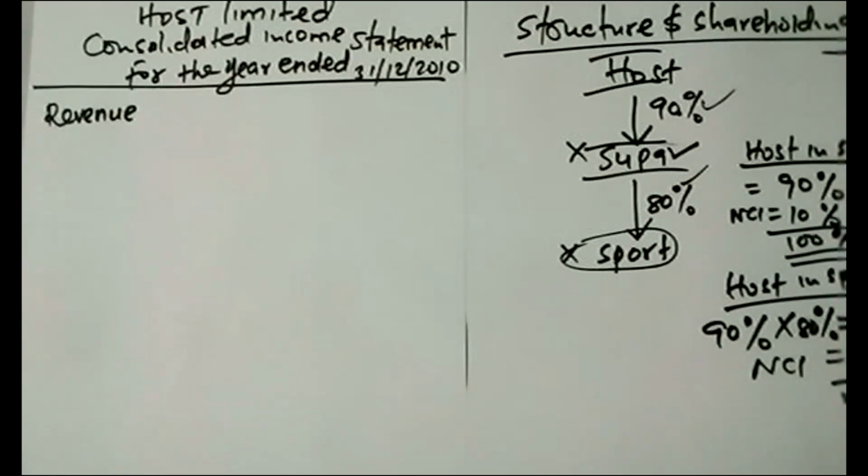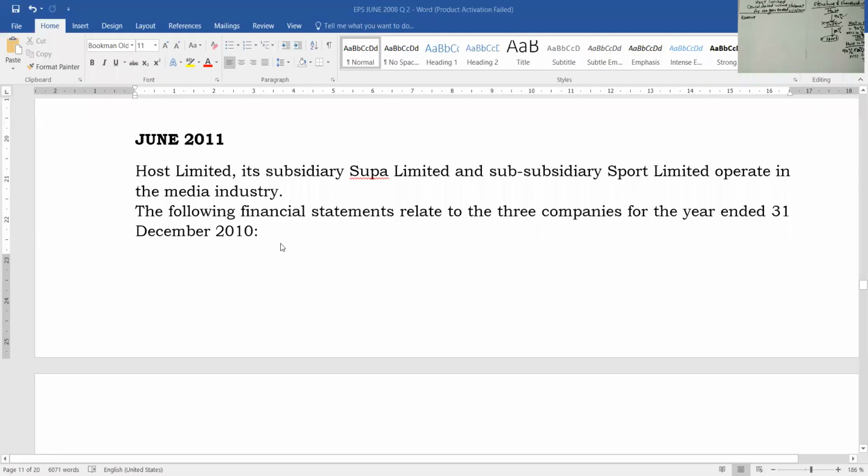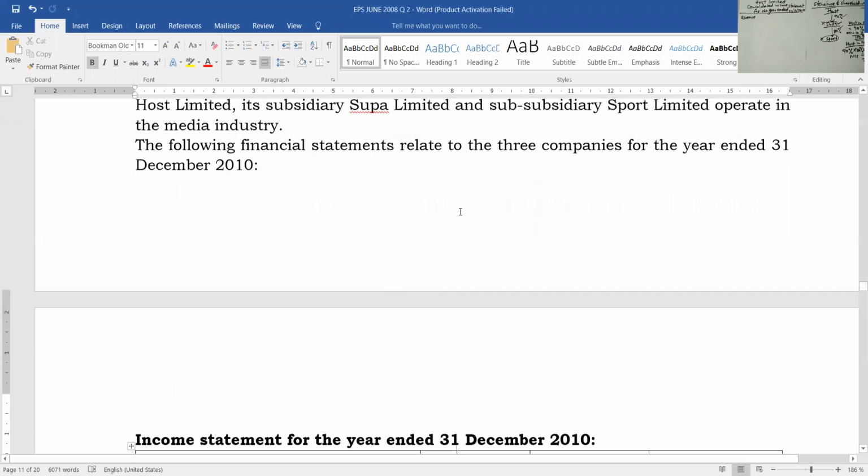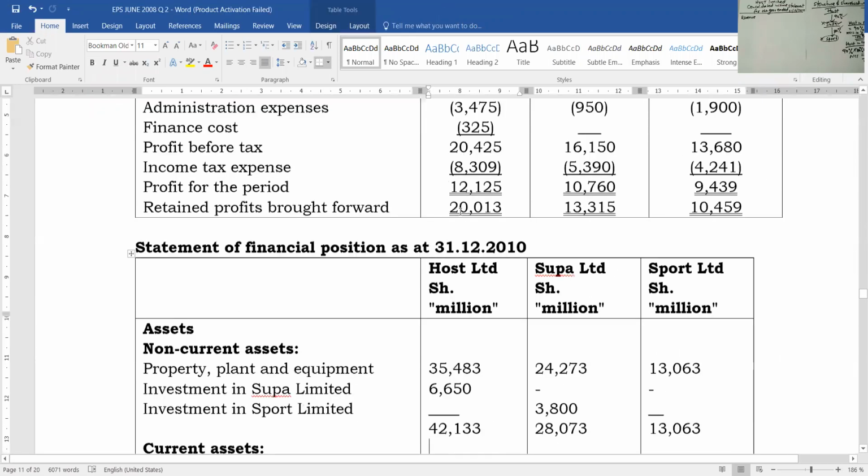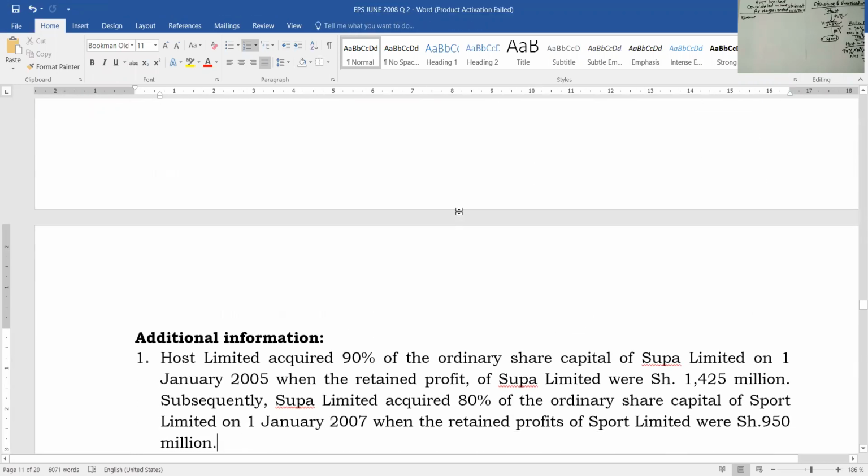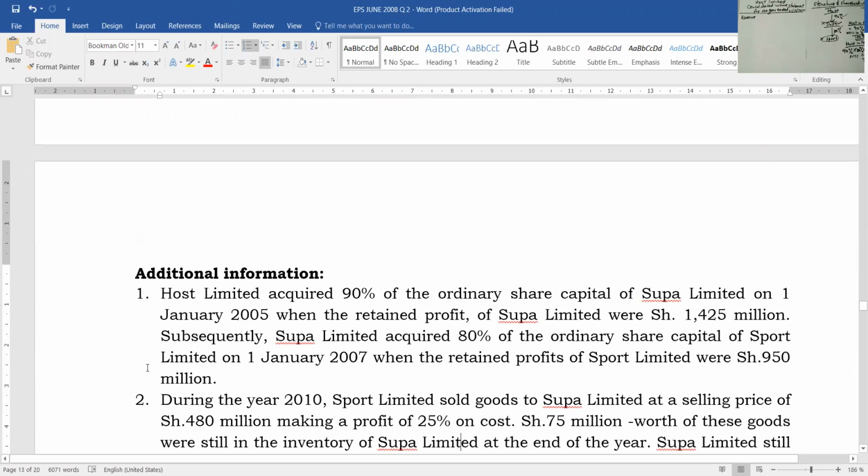Host acquired super and sport, the way we have just interpreted in our structure. In which period were these subsidiaries acquired? In additional information number 1, you are told that host limited acquired 90% of ordinary share capital of super.